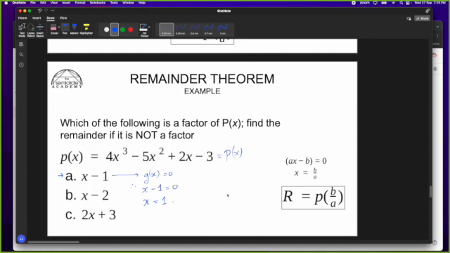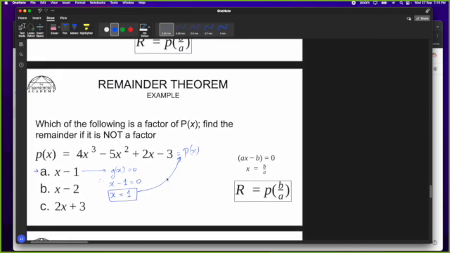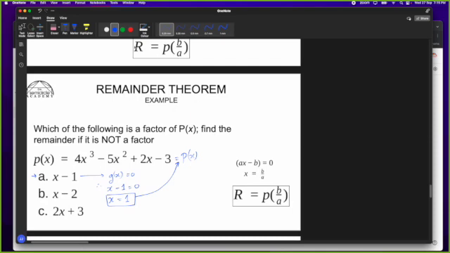So what I am saying is that if I take x equal to 1 and put it in there, the answer that I get will be the remainder. If I get 0, well then there is no remainder and it is a factor. So let me see. I'll come on this side because I'm running out of space on this little white page here. So I'll write it over.